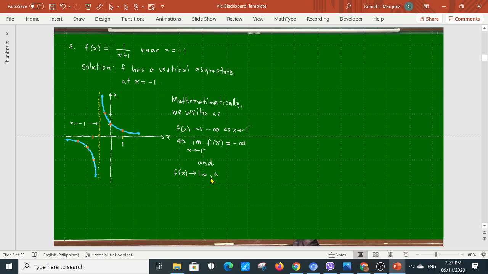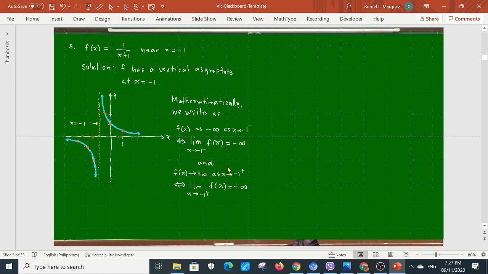So, as x goes to negative 1 from the right, or equivalently, we write the limit as x approaches negative 1 from the right of f of x is equal to positive infinity.